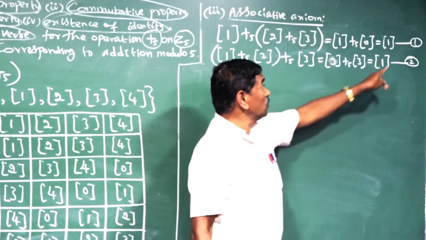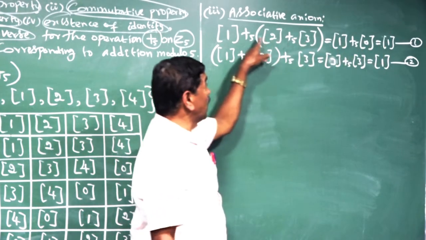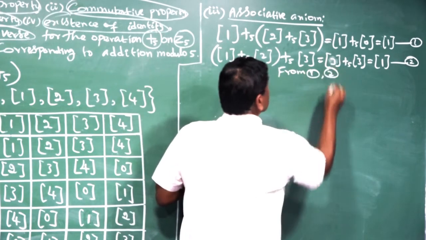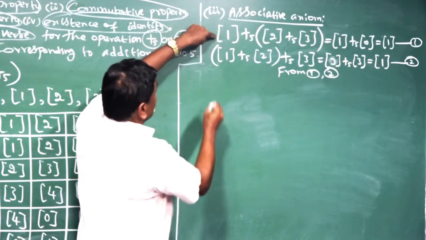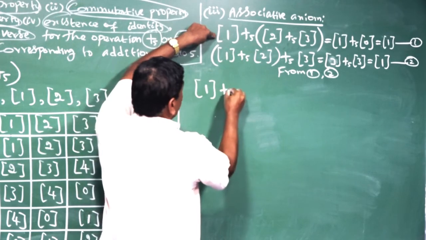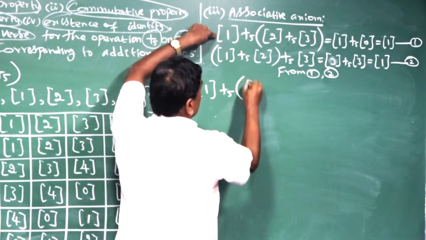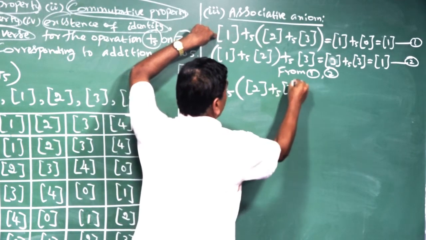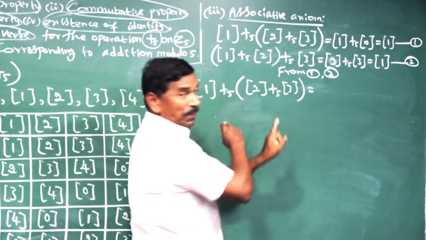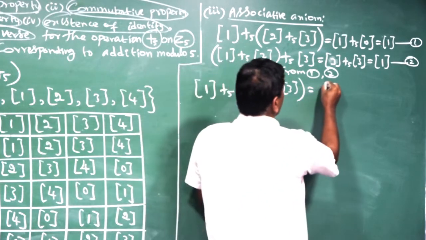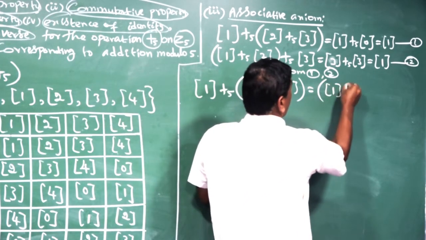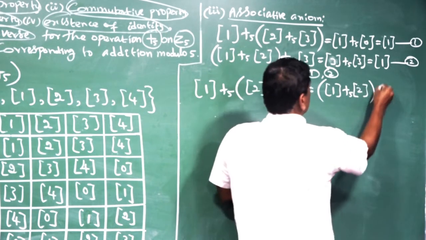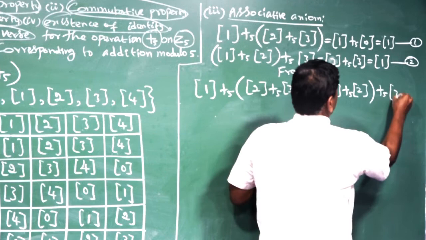Now from 1 and 2, the RHS are equal, therefore the LHS are equal. From 1 and 2 it is clear that 1 addition modulo 5 bracket 2 addition modulo 5 3 is equal to, after changing the bracket, 1 addition modulo 5 2, bracket, addition modulo 5 3.